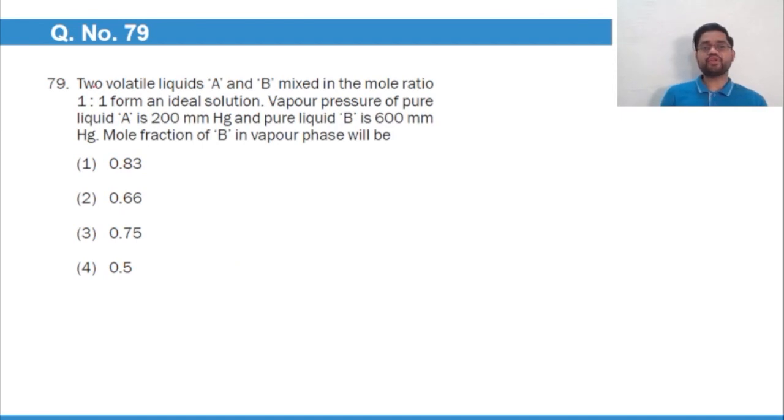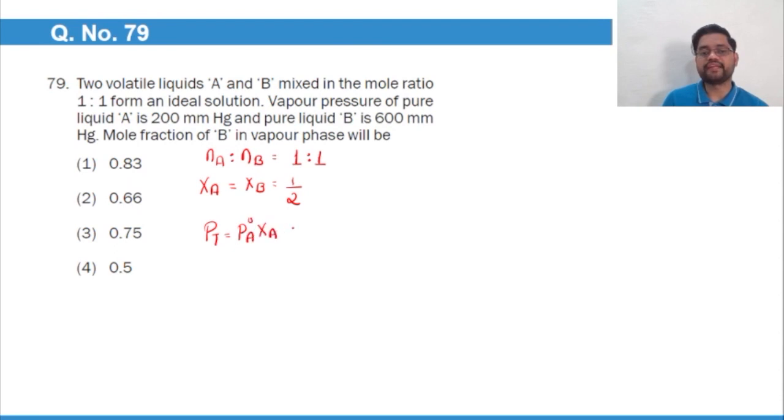79. Two volatile liquids A and B are mixed with mole ratio 1:1. So nA is to nB is given by 1:1. With this relationship, can I say XA will be equal to XB, that is equal to 1 by 2, right? Then total pressure P will be P naught A into XA plus P naught B into XB.